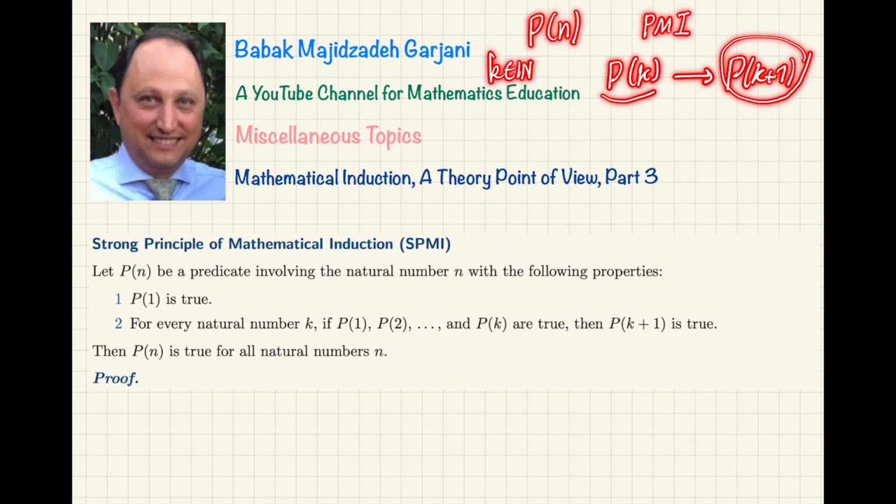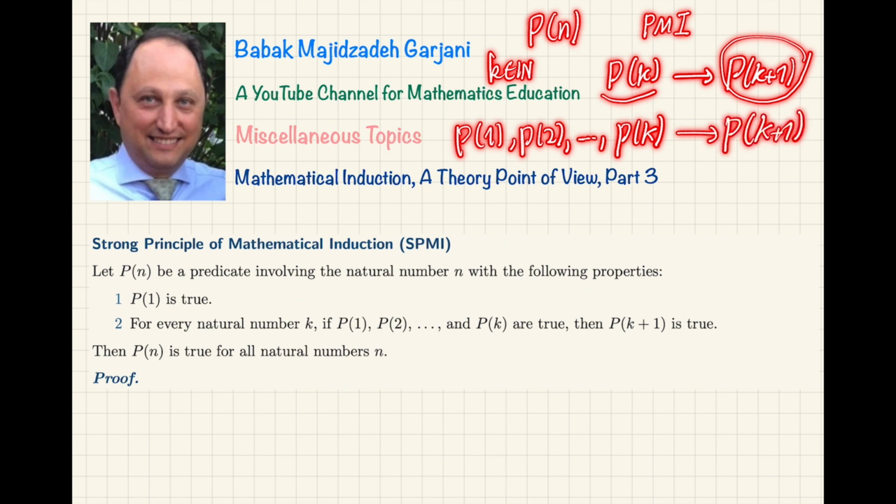But if we know instead the truth of all the statements p of 1, p of 2, up to p of k, then it is fairly straightforward to conclude that the next one, p of k plus 1, is also true.